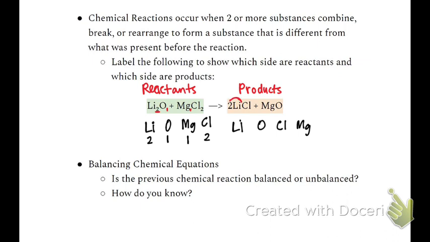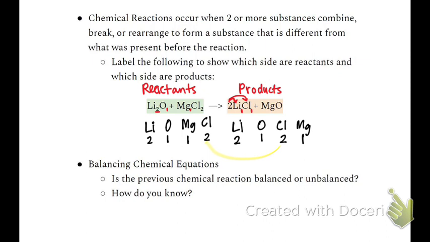For this one, the 2 in front has to be given to both. We're multiplying that, so there's invisible ones down here. When you do 2 times 1, we have 2 lithiums and 2 chlorines, 1 magnesium, 1 oxygen.